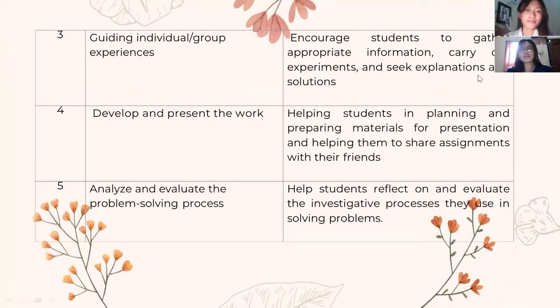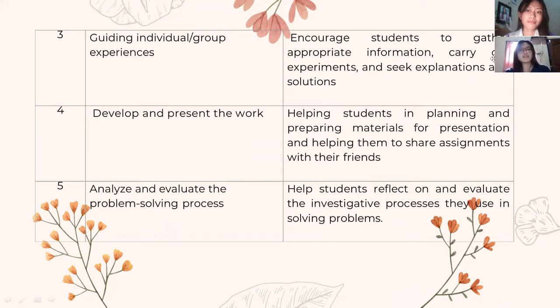And number 3 is guiding individual or group experiences. This is to encourage students to gather appropriate information, carry out experiments, and seek explanation and solution. Number 4 is develop and present the work.